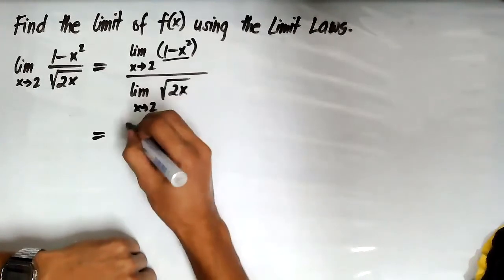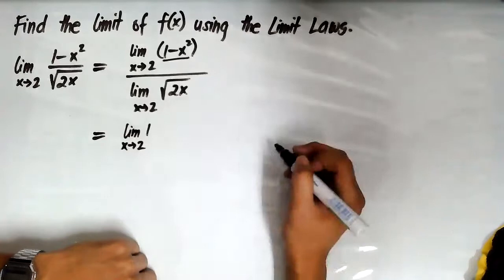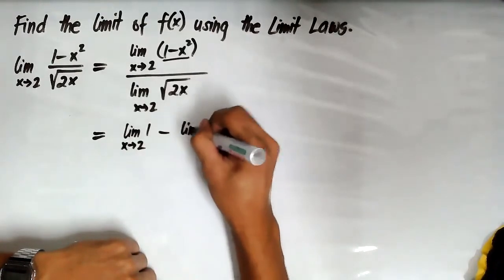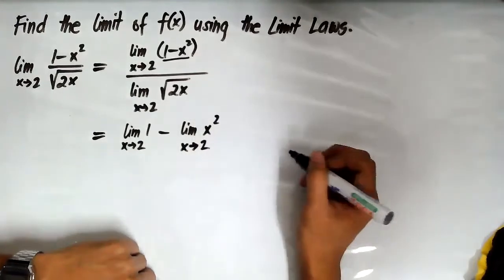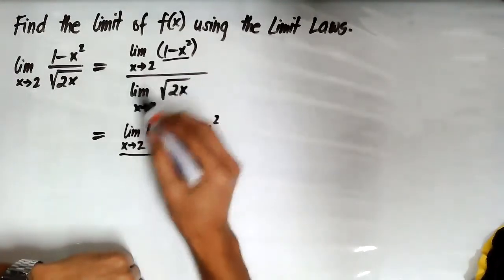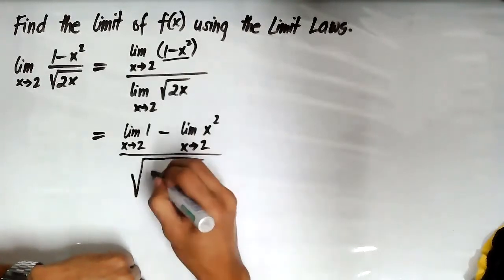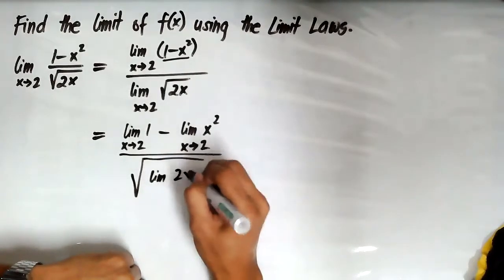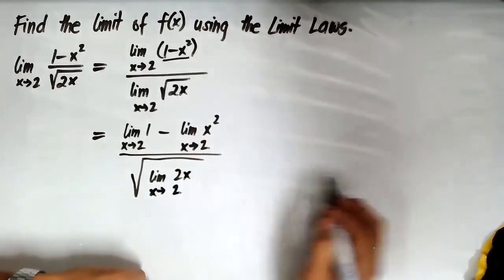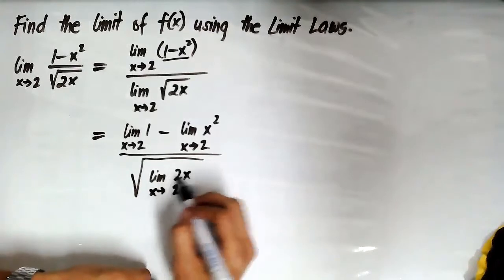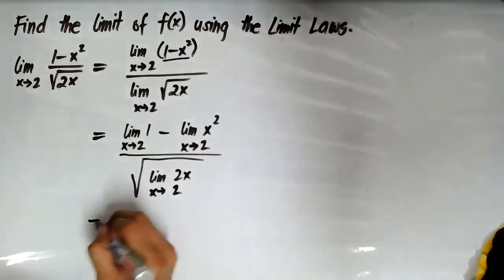So this will be equal to the limit of 1 as x approaches 2 minus the limit of x squared as x approaches 2 all over, by applying the root of a function, the square root of the limit of 2x as x approaches 2. All right. So in here, we can basically use the constant multiple. So let's move on to this one.